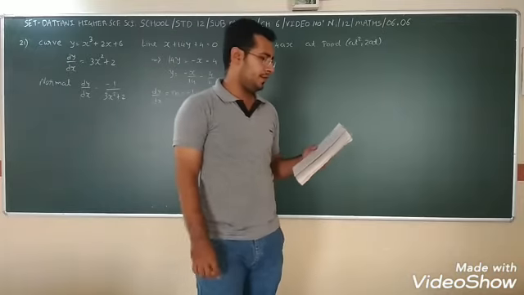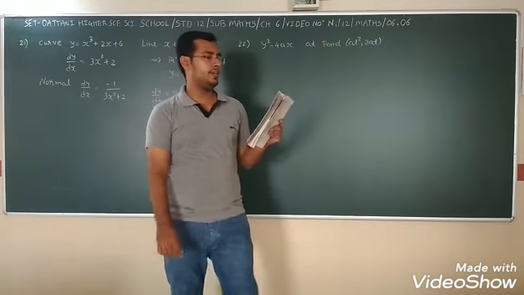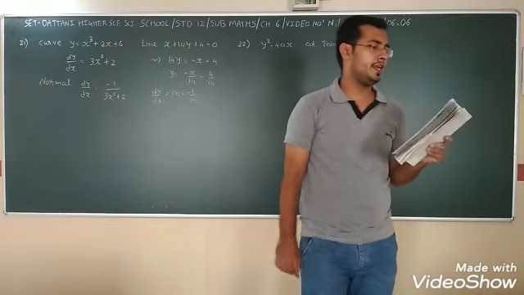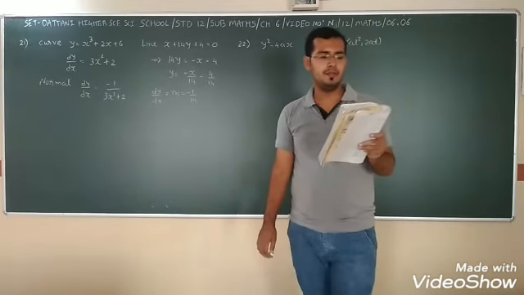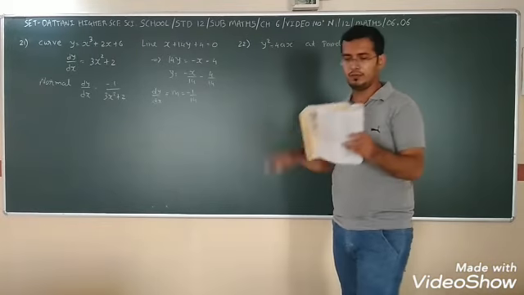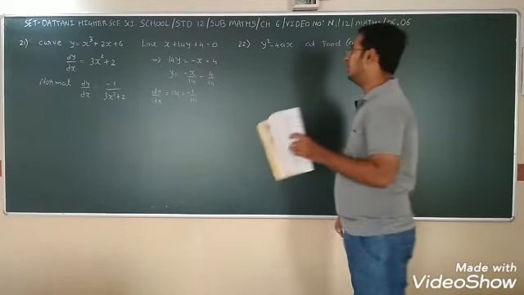Sum number 22. Find the equation of the tangent and normal to the parabola y square is equal to 4ax at the point (at square, 2at). Okay, in this sum you have to find two equations, one for the tangent and one for the normal.